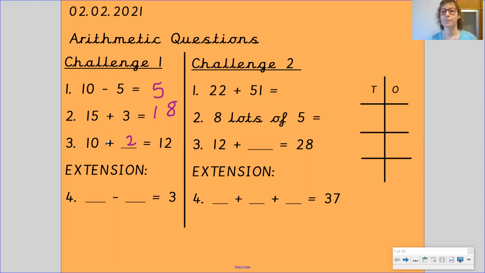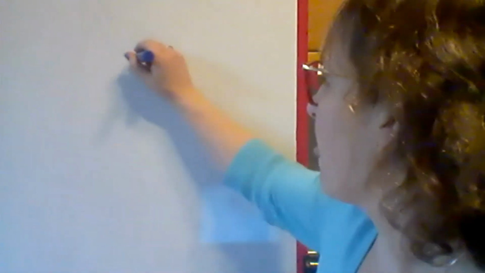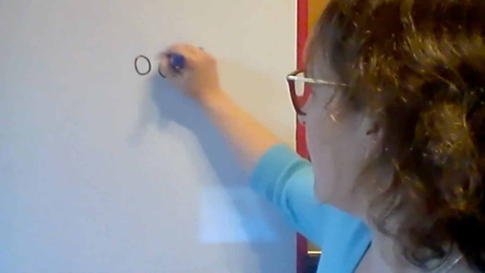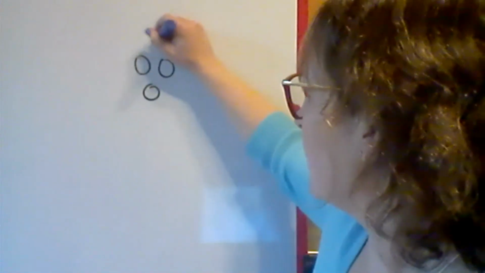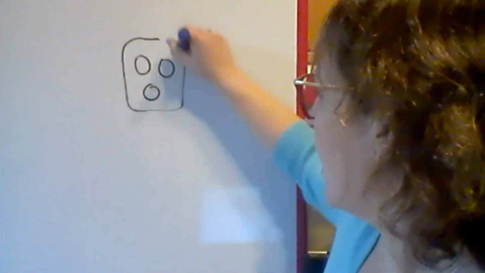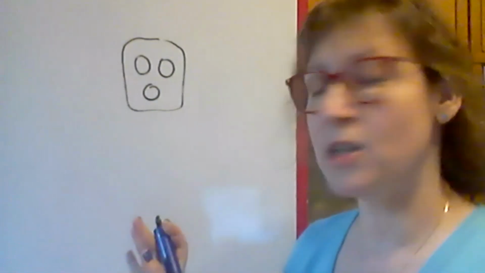Now for the extension, we're going to go whole screen again. We're going to have a look at the answer. The answer this time was 3. So we're going to put our 3 into its own little box, and we're not touching that.